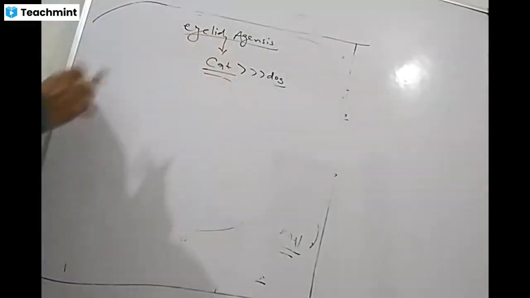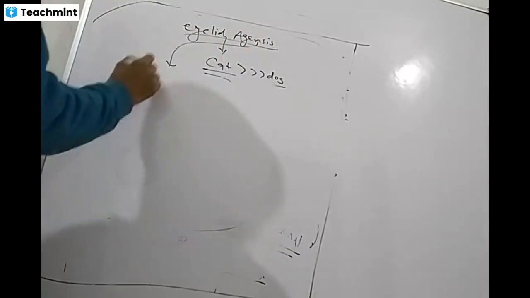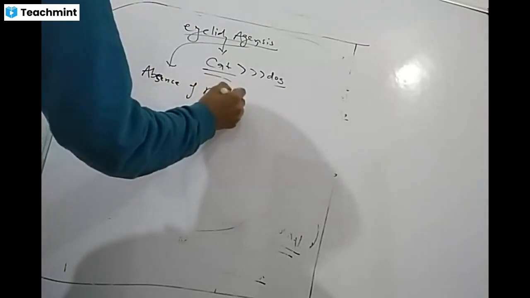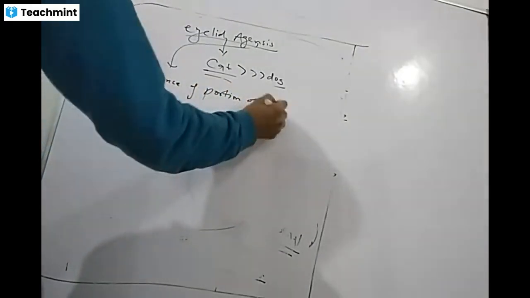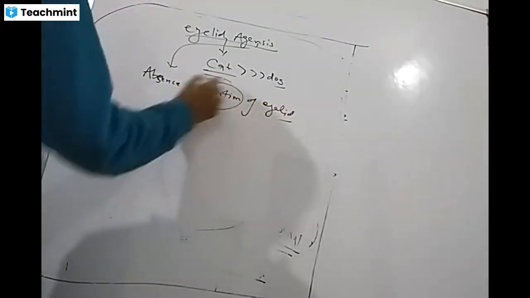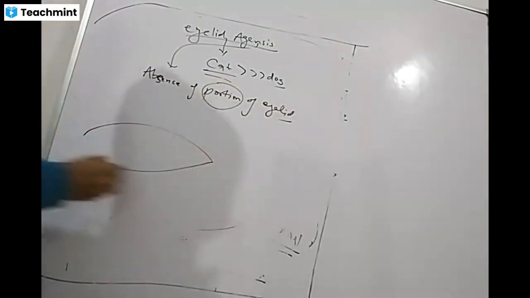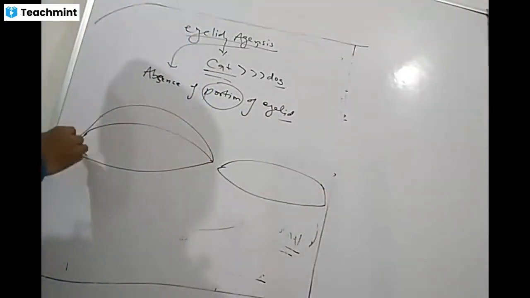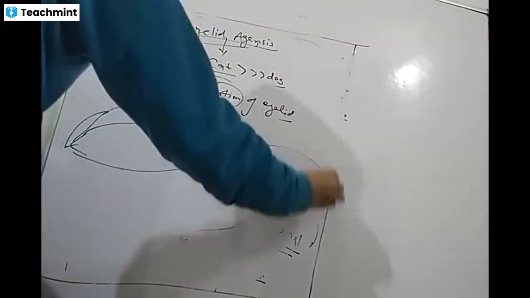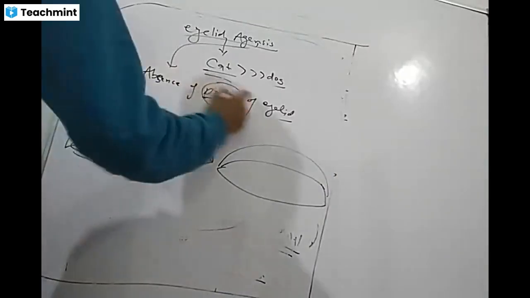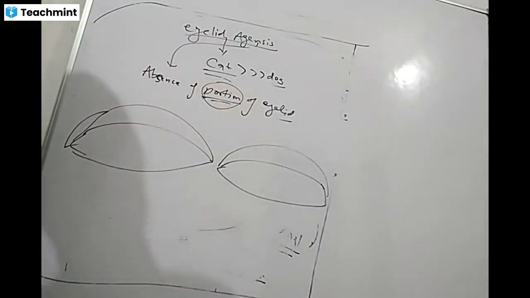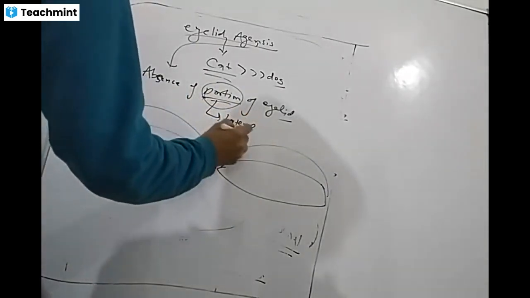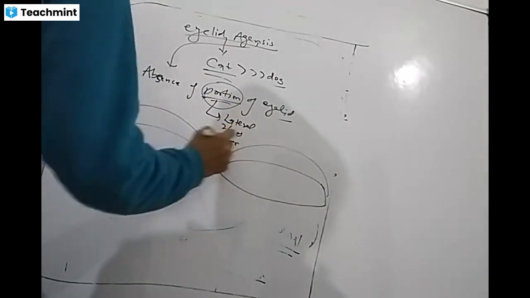So what is eyelid agenesis? Eyelid agenesis or coloboma is absence of a portion of the eyelid. Which portion? We have, see, this is the left and this is the right eyelid. This is the upper eyelid. The portion is the lateral 2/3 of the upper lid. Mostly it is found in the upper.